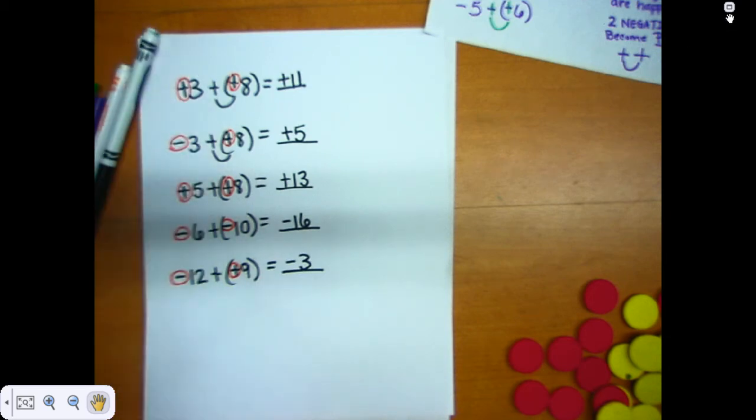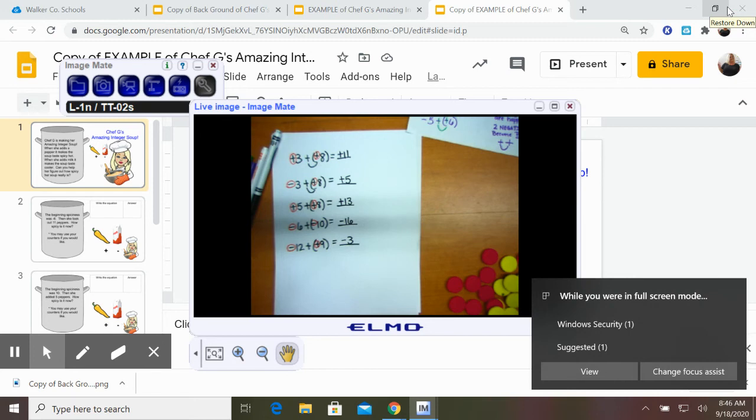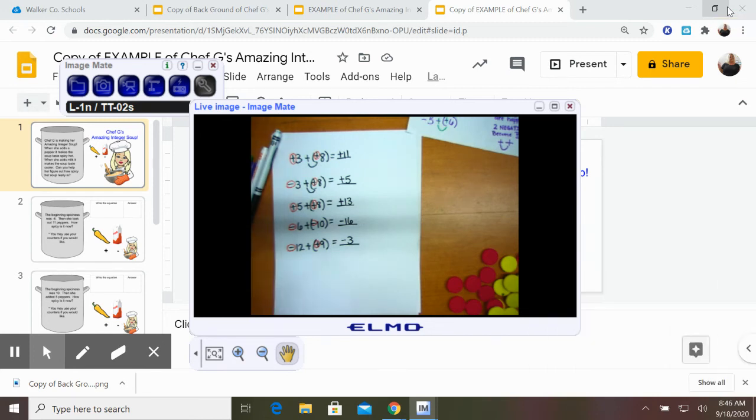Okay, let me minimize my screen. Y'all can't see my computer screen, but I'm going to minimize it. And let me see if it'll show you my camera. Let me X out of this.